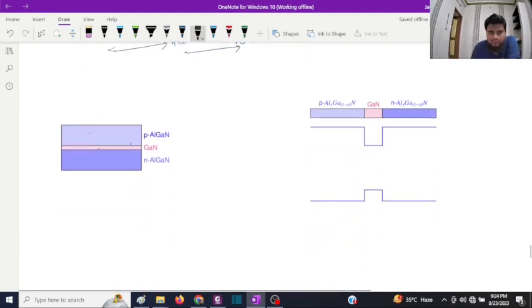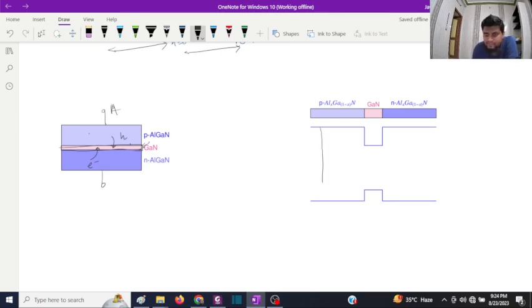We use 3, 4 layers, and the objective is that the P side sends holes, the N side sends electrons over here, and the active region is made of gallium nitride in this example, which has a lower band gap.